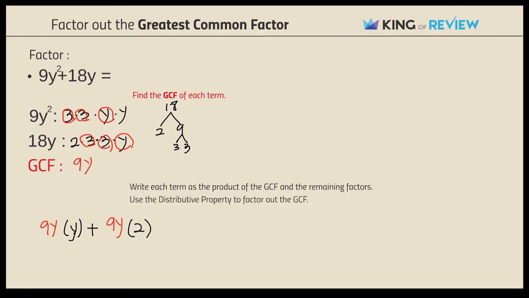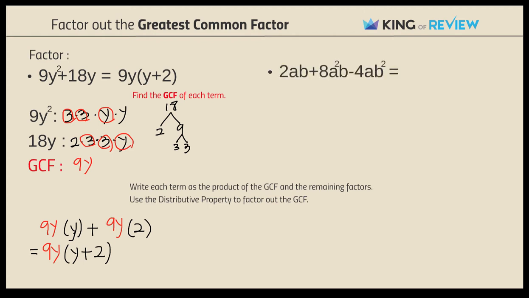And then lastly, use the distributive property to factor out the GCF. So this is equal to 9y times the remaining factors, y plus 2. So 9y squared plus 18y can be factored to 9y times (y plus 2).